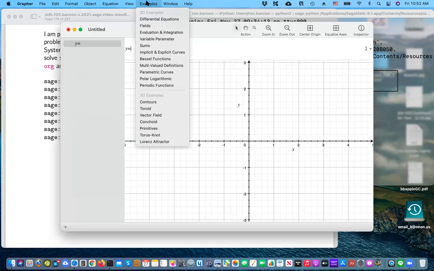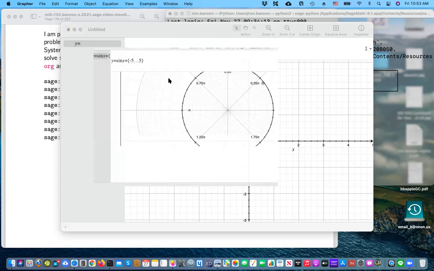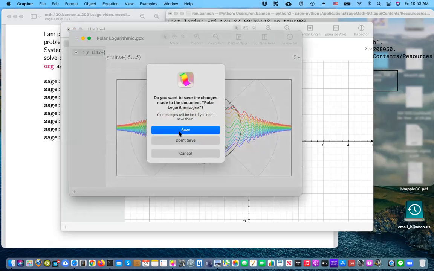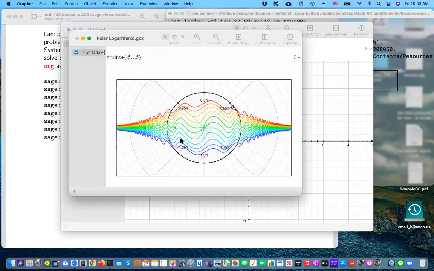There are other examples. If you look at the examples, sometimes you're not familiar with them, but that doesn't matter. Let me look at this one over here. We haven't even discussed that one yet, have we? Something interesting over there. You can go to a bunch of those things. I don't want to save that.